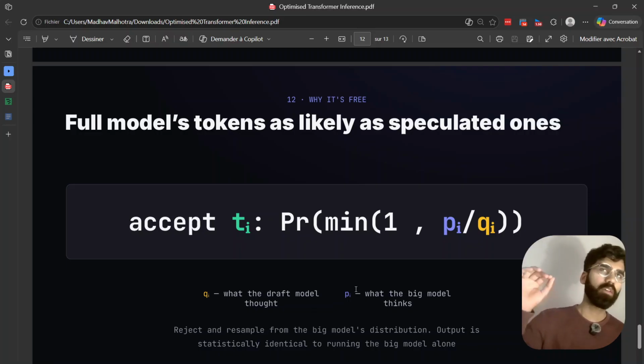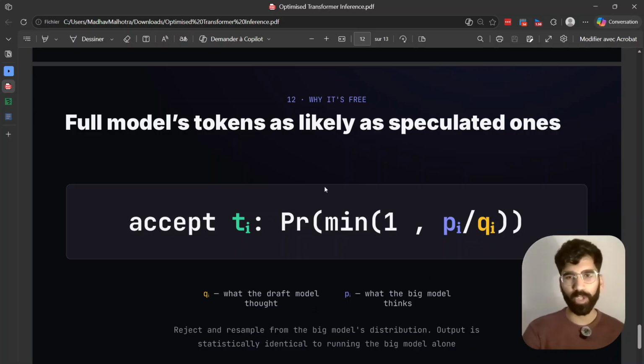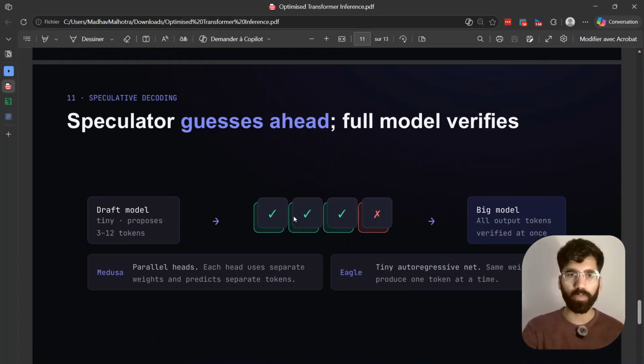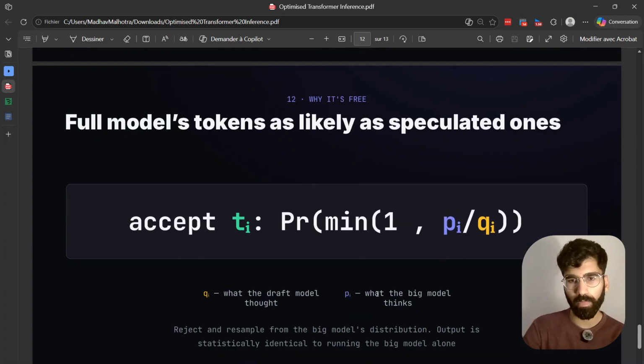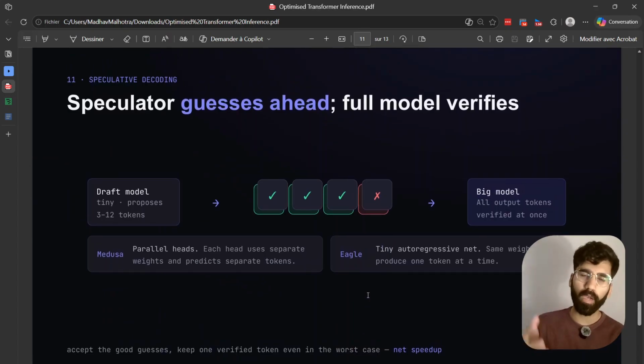So in verbal form, before we break down this complicated formula, the goal is that we will want to accept words from the speculators, have the big model verify them, approve them, when the big model's probabilities, Pi, are at least as high as the draft model's probabilities, Qi.